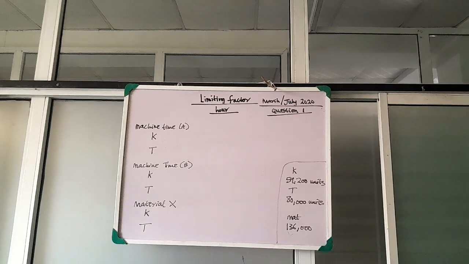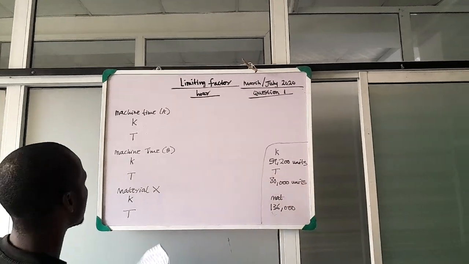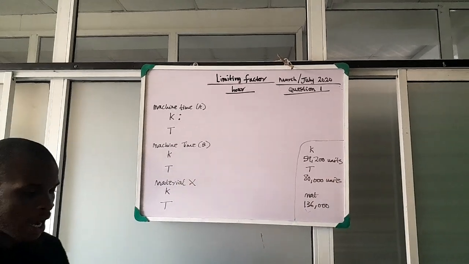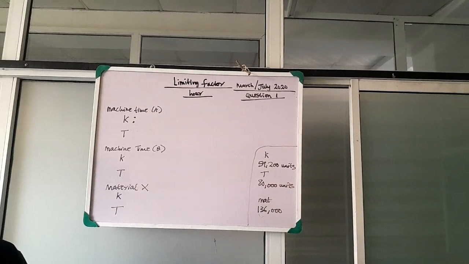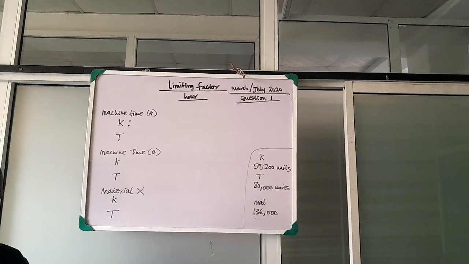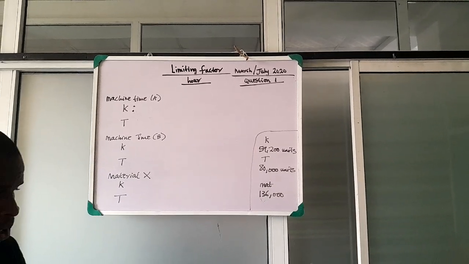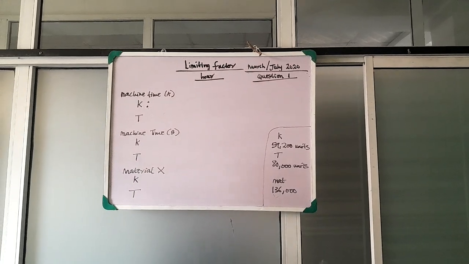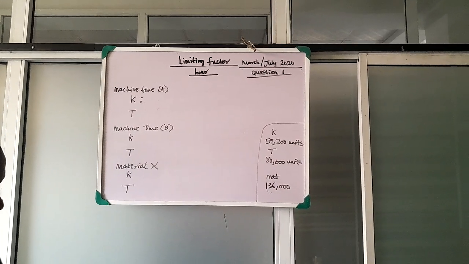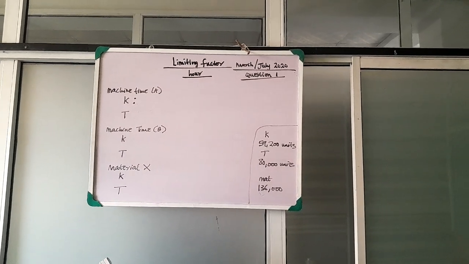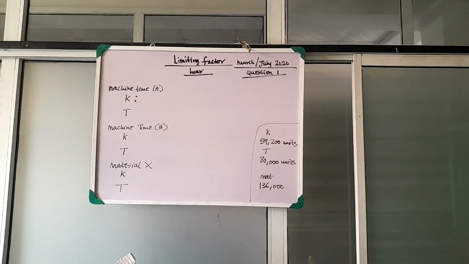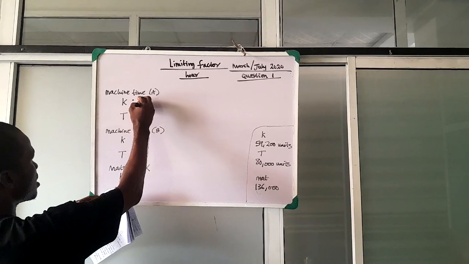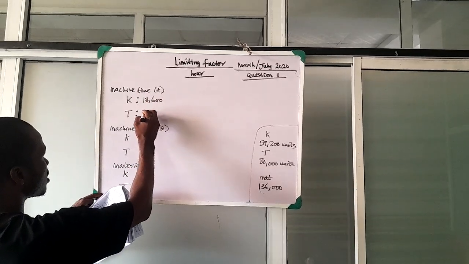For machine time A, for K, we have the hours that are provided here. They said each one through two fully automatic computer-controlled machine lines, A and B, with respective maximum capacity of 13,600 hours for A and 15,360 hours for B. So here we have 13,600.